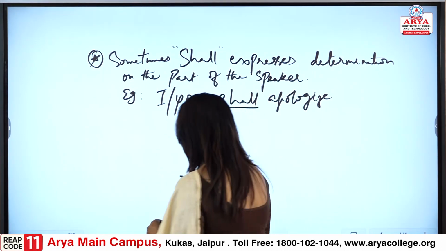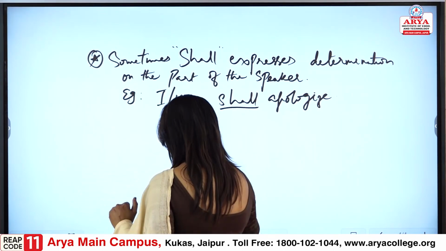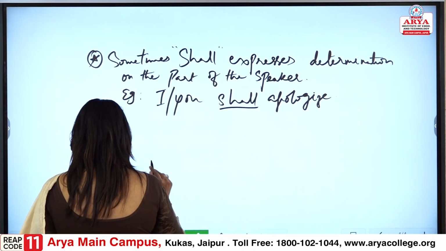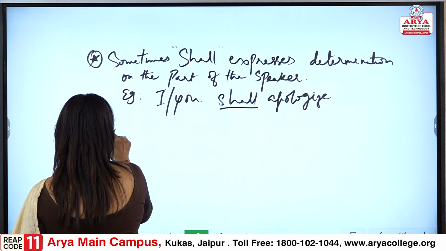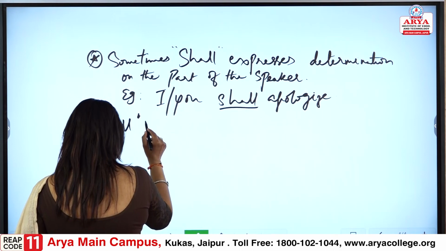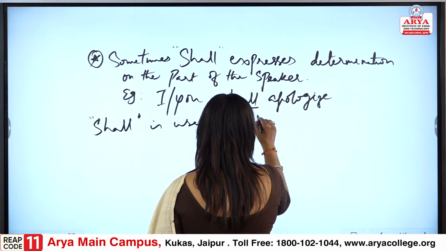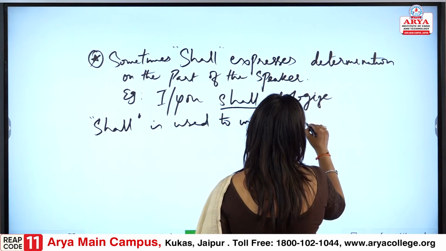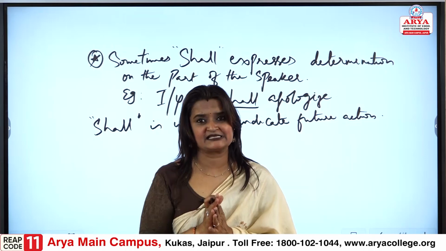Let me give another example, and again when we are talking about this, shall is used, please remember this. Shall is used to indicate future action. So, when we are talking over here, even, I shall apologize.